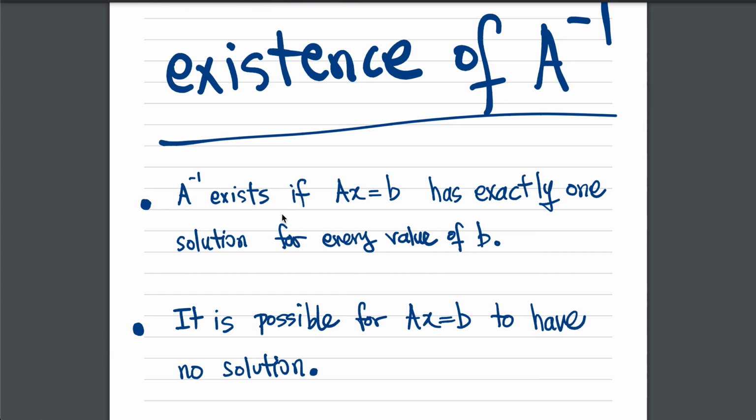A inverse exists if AX = B has exactly one solution for every value of B. So if for every value of B there is an X such that AX is equal to B, then A inverse exists.